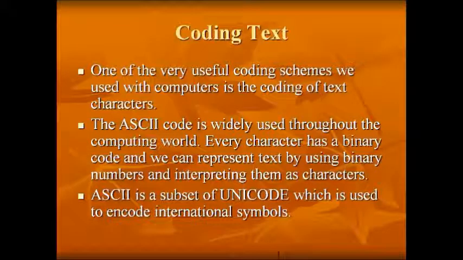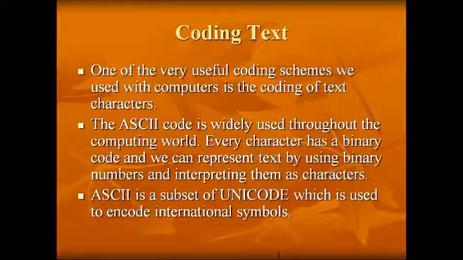Coding text. One of the very useful coding schemes we use with computers is the coding of text characters. The ASCII code is widely used throughout the computing world. Every character has a binary code, and we can represent text by using binary numbers and interpreting them as characters.